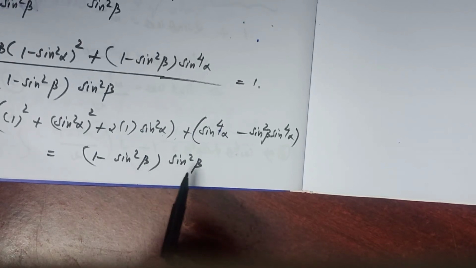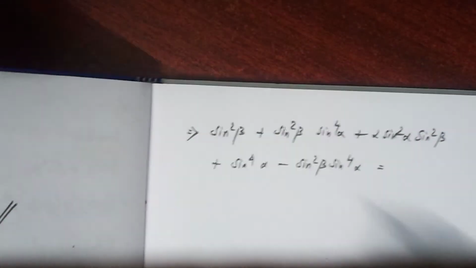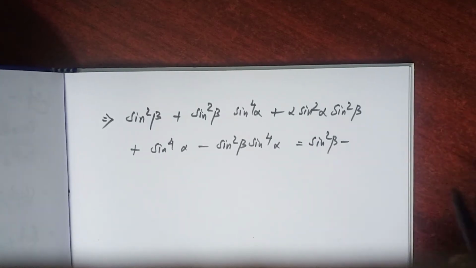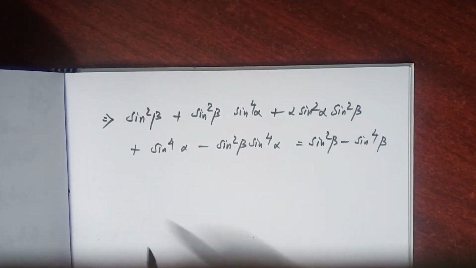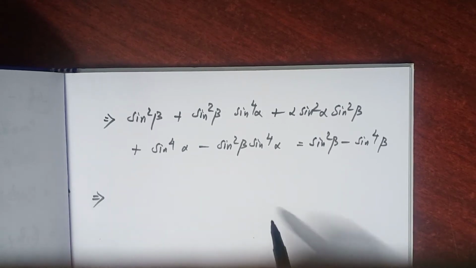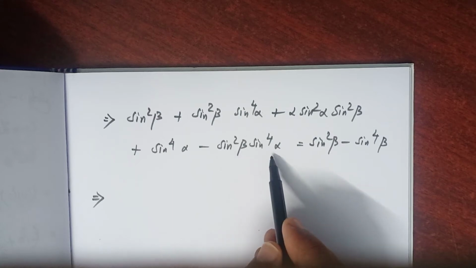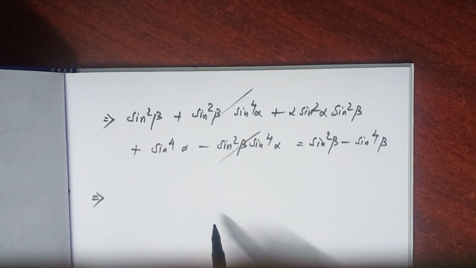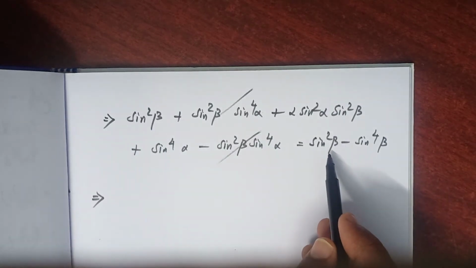Okay, if you multiply, you will be getting sin squared beta minus sin power 4 beta. Which implies here sin squared beta sin power 4 alpha minus sin squared beta sin power 4 alpha, these two get cancelled. Then in the left hand side we have sin squared beta, even in the right hand side we have one sin squared beta, these two get cancelled.